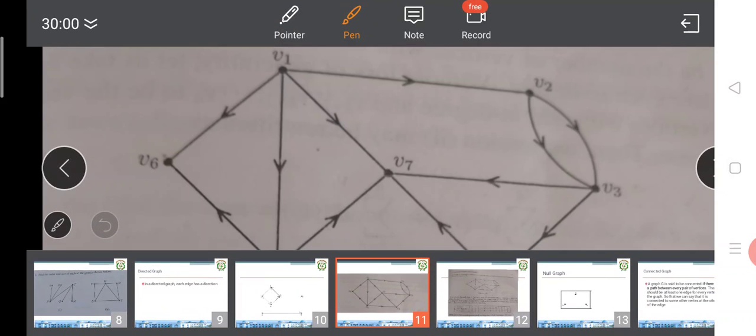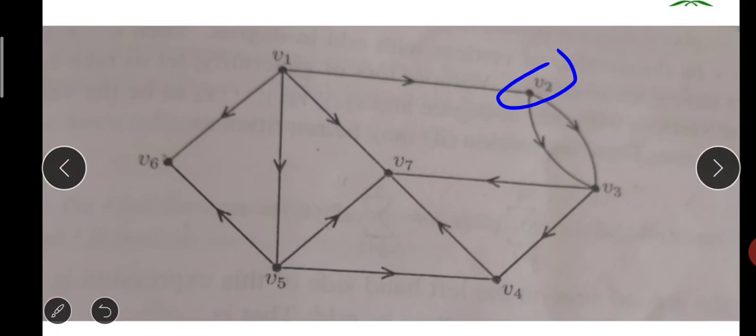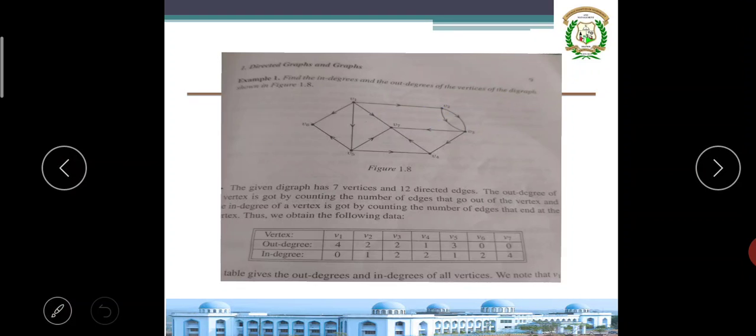In degree is nothing but how many edges are coming to that vertex. Here, how many edges are coming to vertex V2? Only one edge is coming to V2. In degree is 1. V2's in degree is 1.